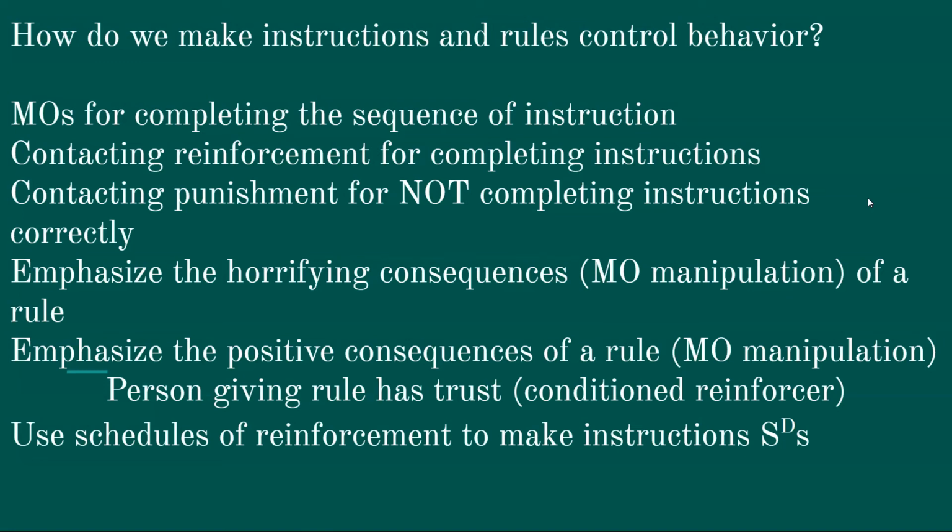If I tell you to do something and you want to do it more or less, if I can make it more enticing, talk about increasing the magnitude of the reinforcer, or decreasing it if I don't want you to do it, right? If I can do that, that terminal reinforcer becomes more or less valuable. That probably has an influence on whether you follow the instruction or not, right?